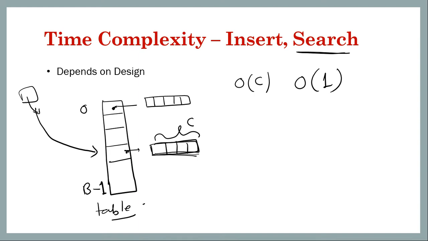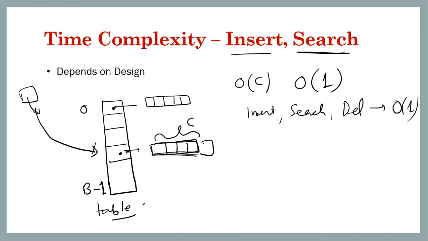Similarly, if we are doing insert, you will just calculate the hash code, go to that bucket and insert the element at the end. So insert, search and delete will all take O of 1 time if the number of keys in each bucket is small.